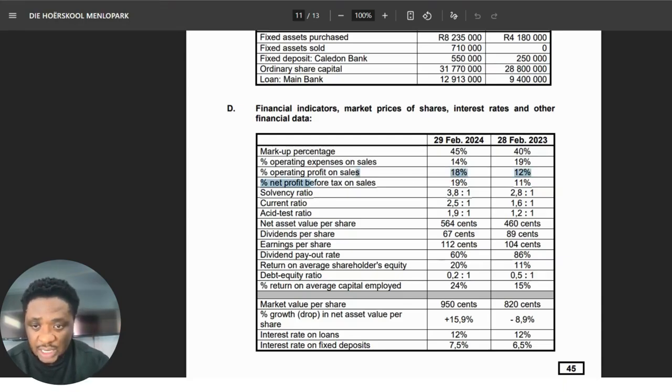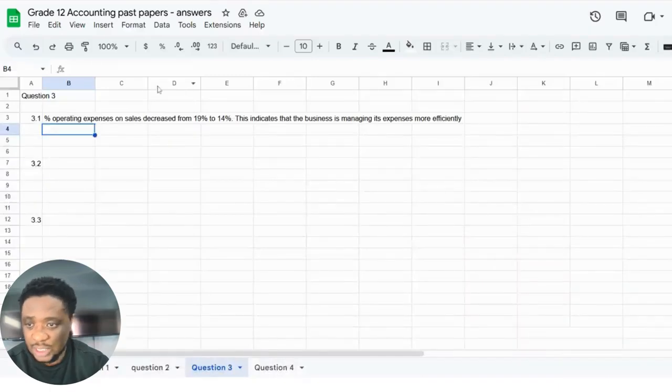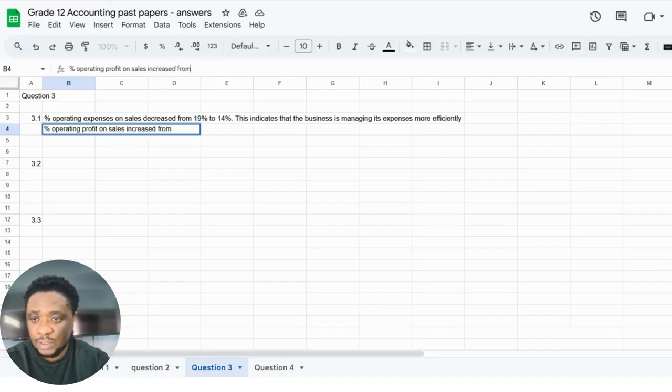So then we're going to say operating profit on sales. So you're going to say percentage of operating profit on sales increased from 12% to 14%. And then you make your comment.